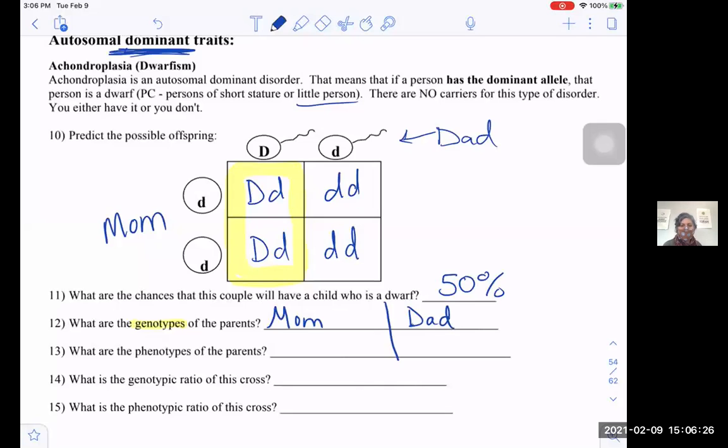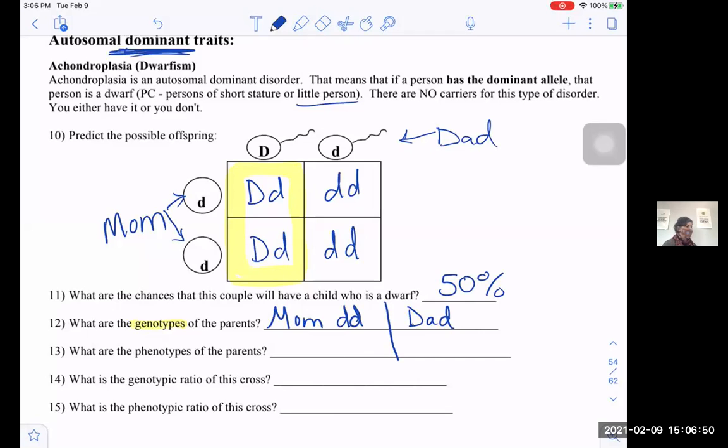Nobody knows what mom's genotype is? She's right here. These are her eggs. Yeah, so mom is little d, little d. She can pass on a little d or a little d because her genotype is homozygous recessive.